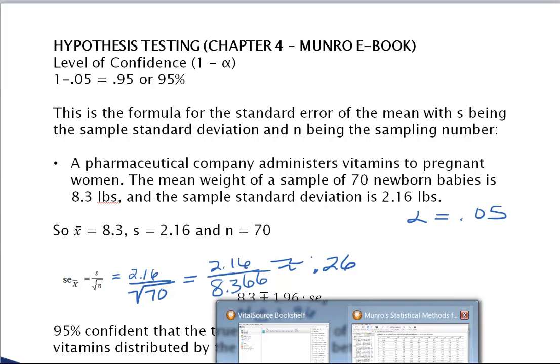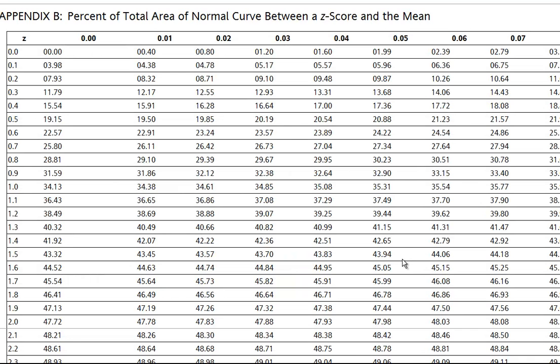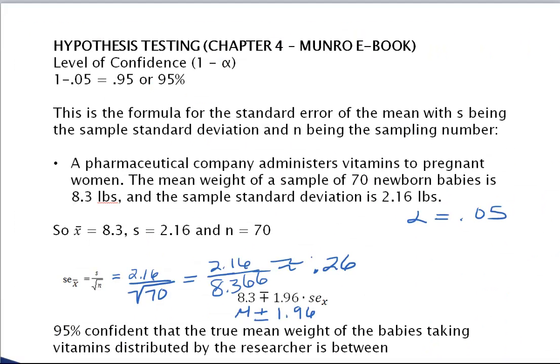If alpha is 0.05, let's look at that again. So alpha isn't 1.5, so 1.96. Okay, so alpha is 0.05, but it's for a two-tailed test, so 1.96 is this value for a two-tailed test for an alpha level of 0.05.